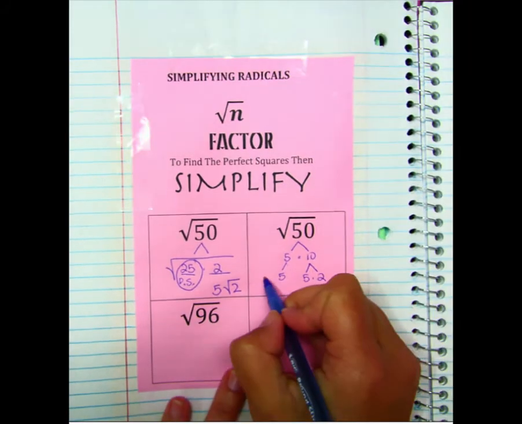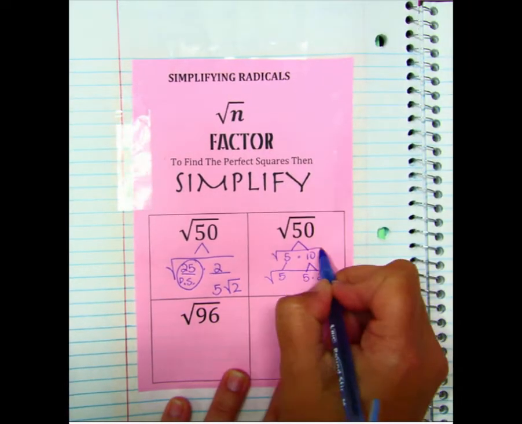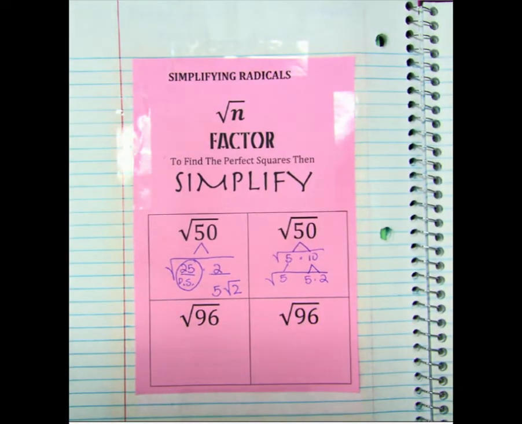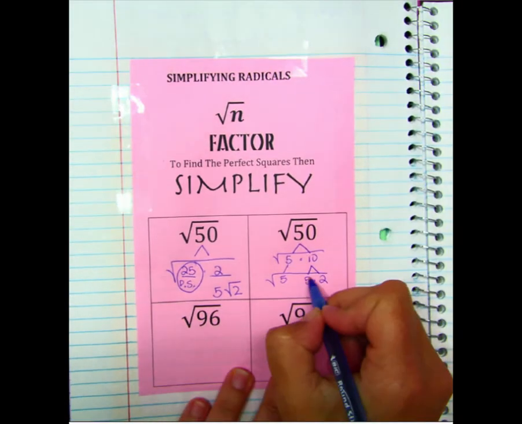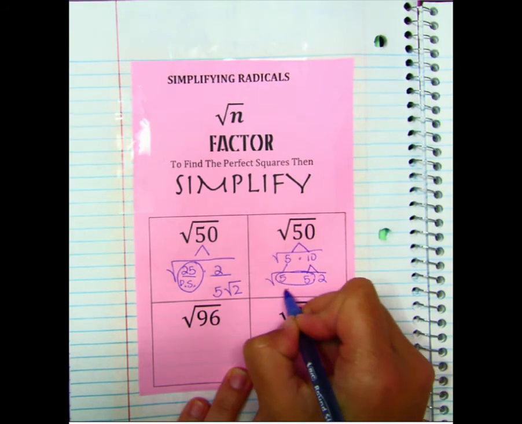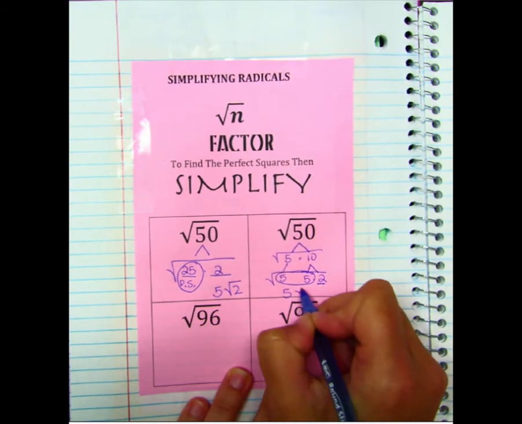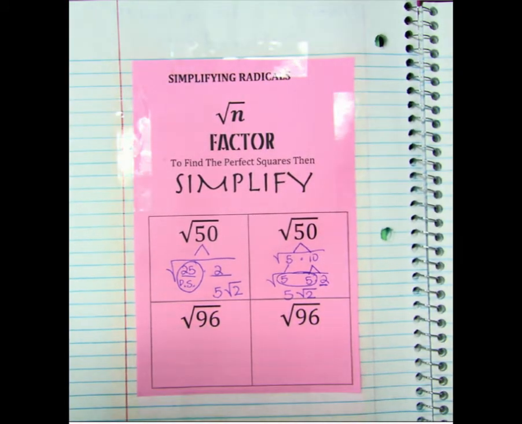Now, the only way that I can take something out from underneath my square root is if I have 2 of them. It's a square root, so the only way I can take something out is if I have 2 of them. So I have 2 5s, so I can take a 5 out, but I only have 1 2, so that 2 has to stay underneath. So it doesn't matter to me how you simplify as long as you can come up with a way to simplify.